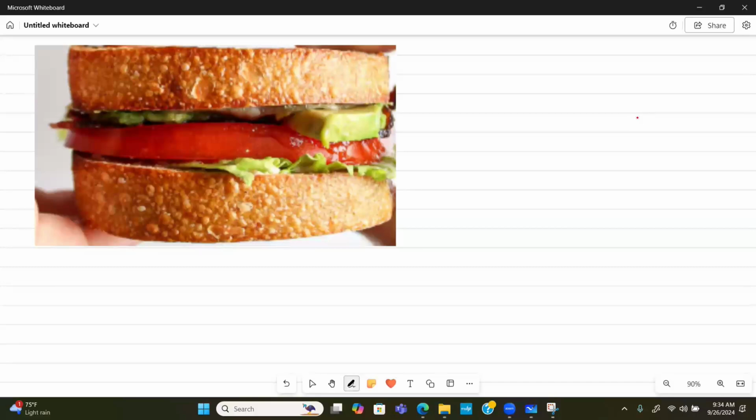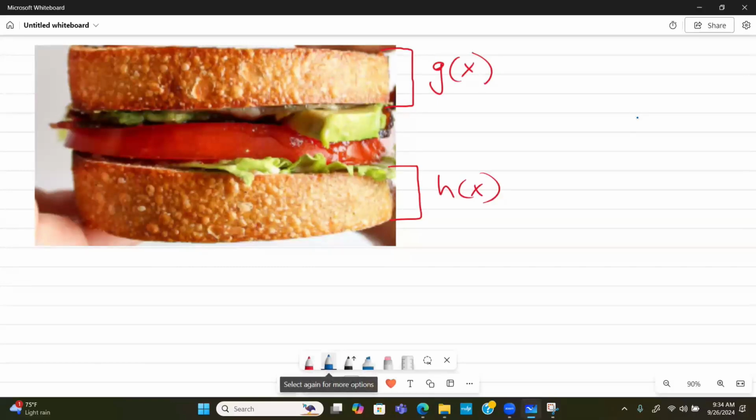So let us say we classify this part of the bread as G of X. And then the lower part of the bread here, let us say we classify this as H of X. And then between that, we have another function that we squeeze between, and we call this the f of x, right?